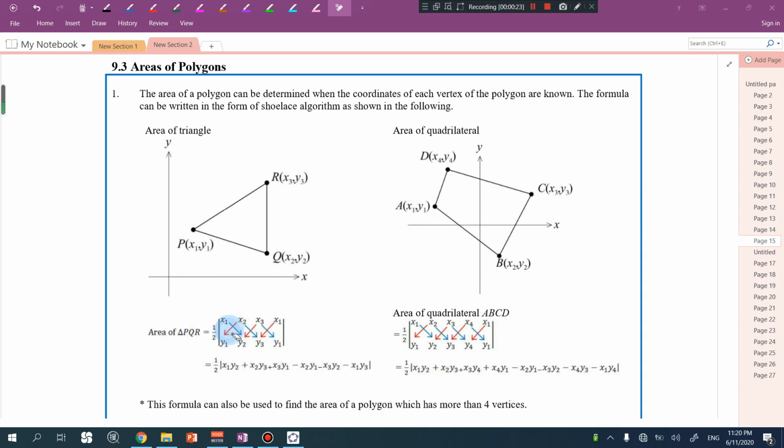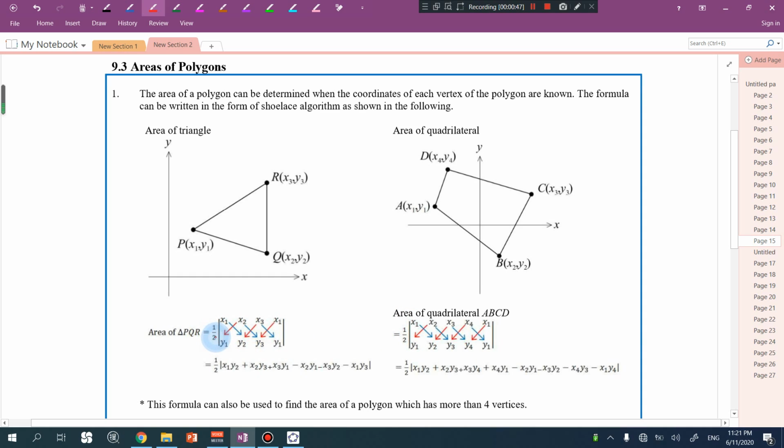We can use this formula not only for finding the area of a triangle or quadrilateral. It can be used to find the area of a polygon which has more than 4 vertices as well. And you have to be more careful. When you use this formula to get the area of a polygon, always remember you have to write 1/2 in front.